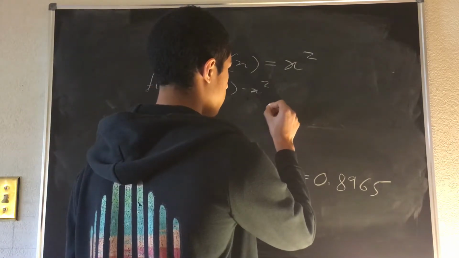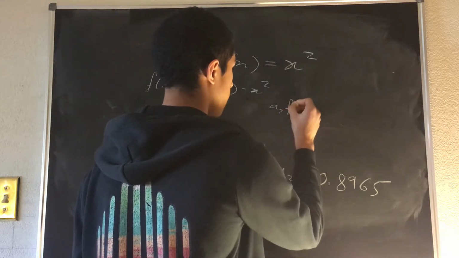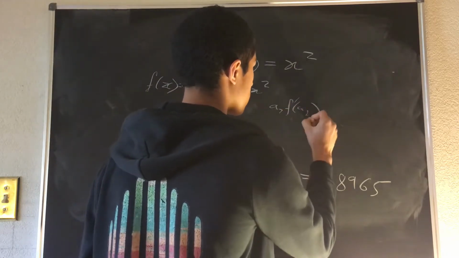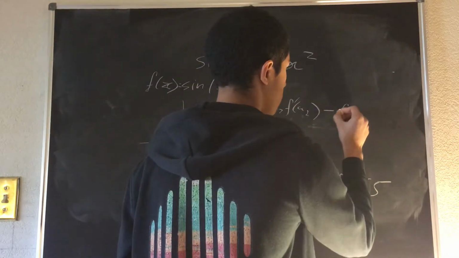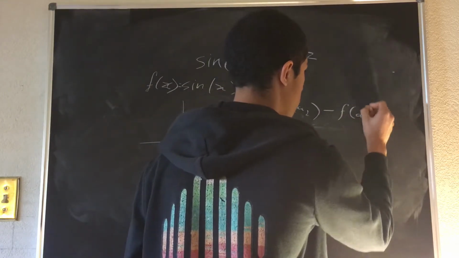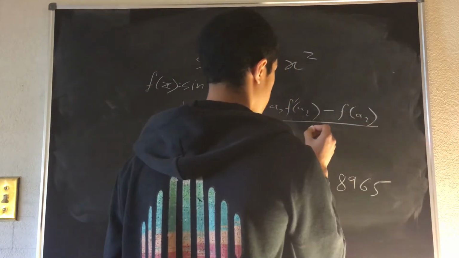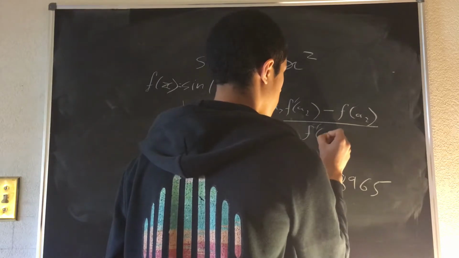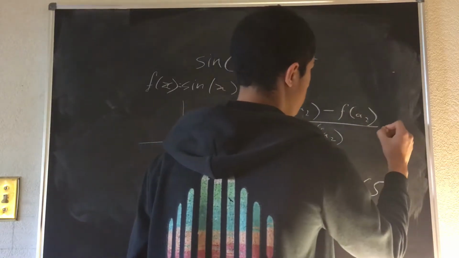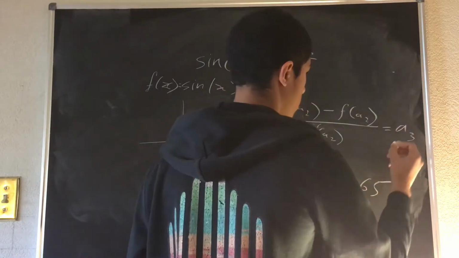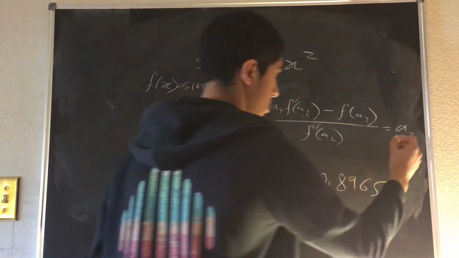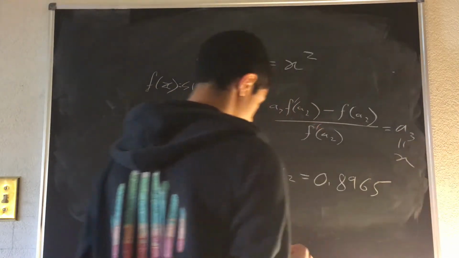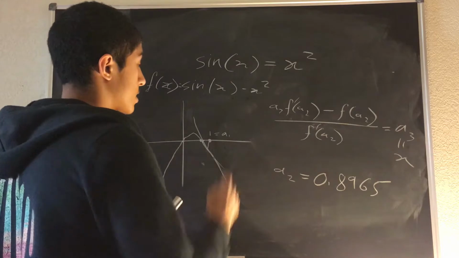So now we have a2 into f prime of a2 minus f of a2, divided by f prime of a2 is equal to a3, which is going to be our fairly accurate x value that satisfies this equation.